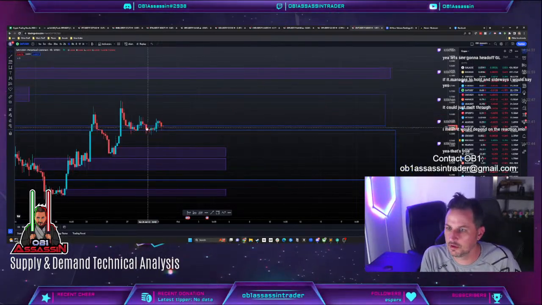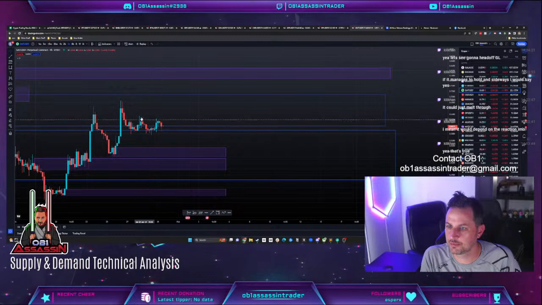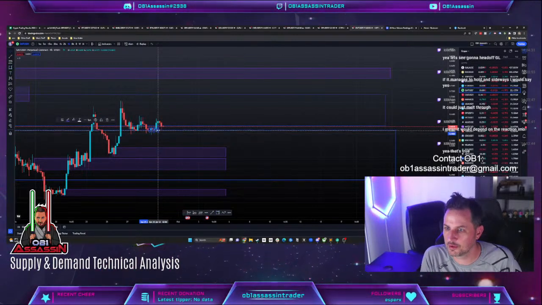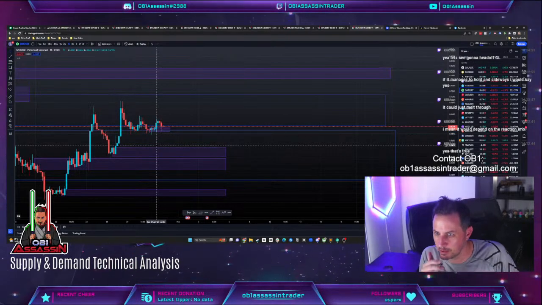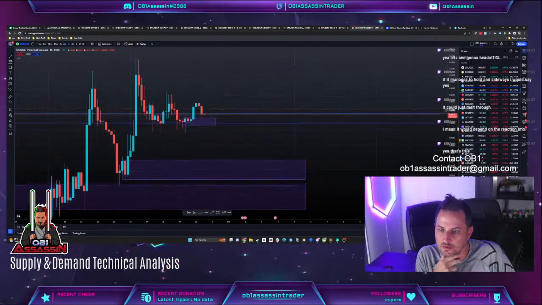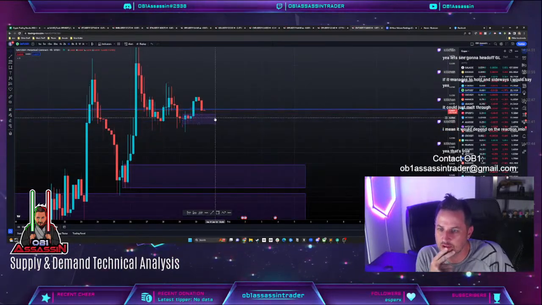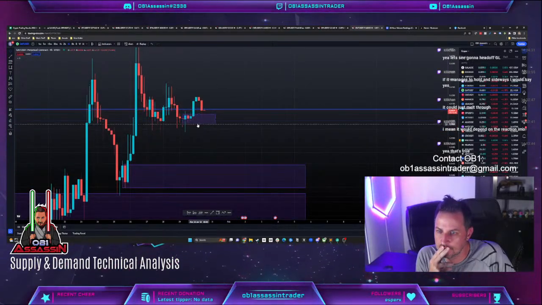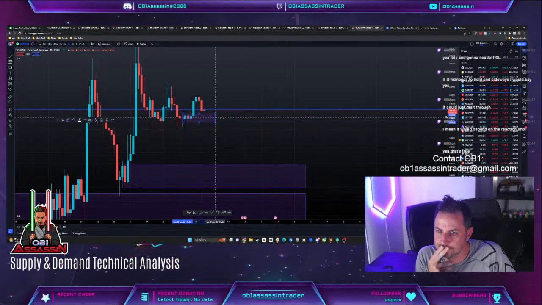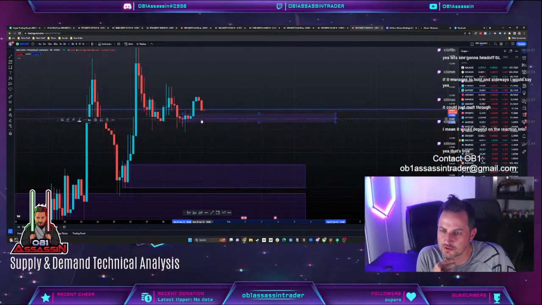Now over here, we've got a big support line. We've got a 4-hour order block right here. It's not fresh, it's been mitigated, but price is coming back down into it. Price hasn't reacted off it, it's almost completely gone.